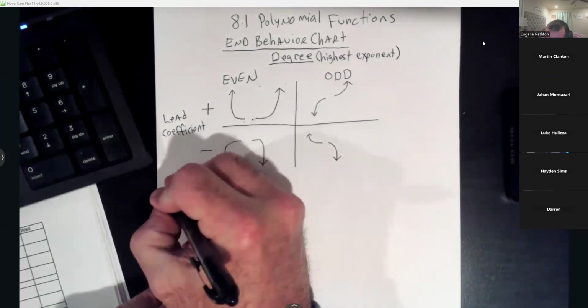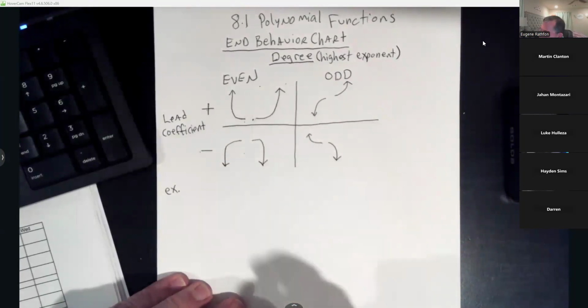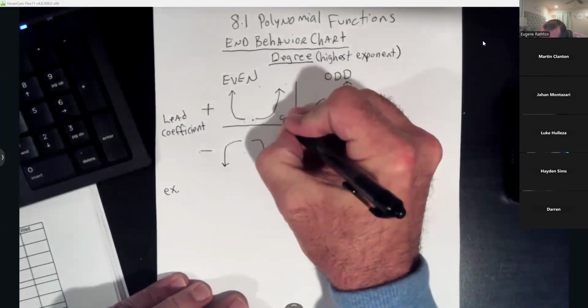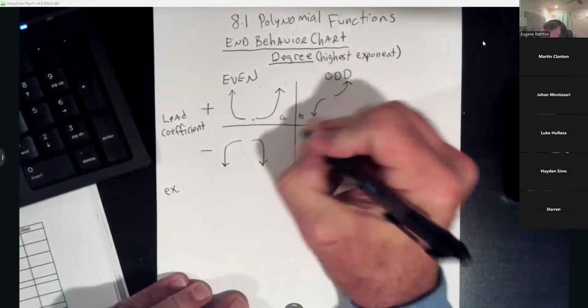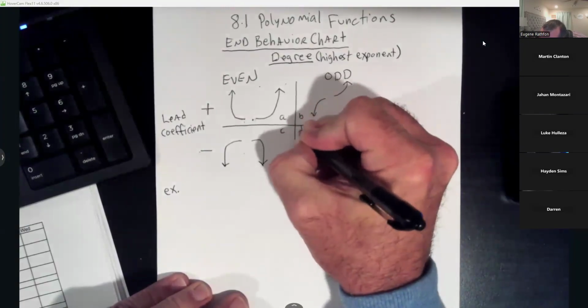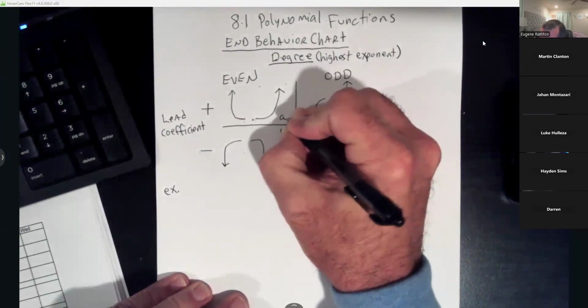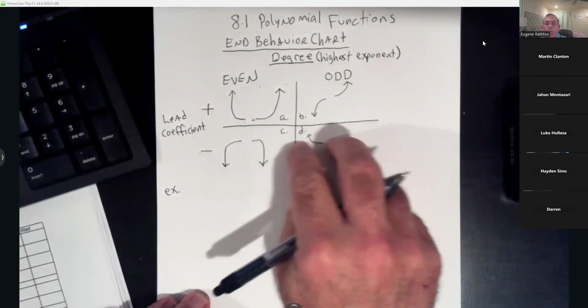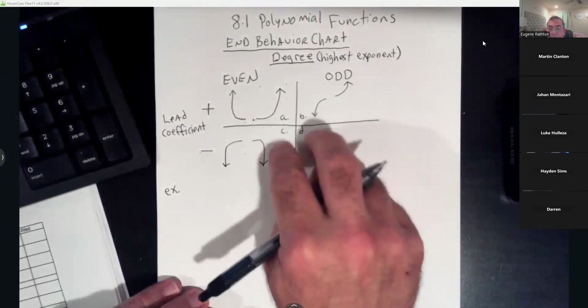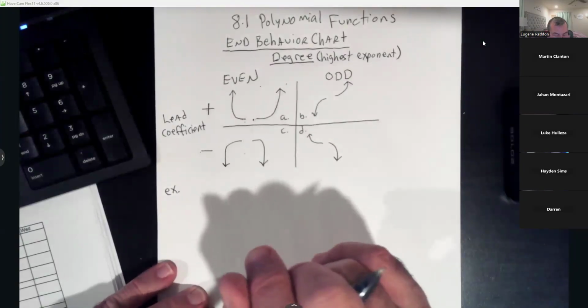Okay. Now for my examples, I'm going to label these A, B, C, and D so that y'all can choose one of the four pictures that y'all think might be the answers, okay?